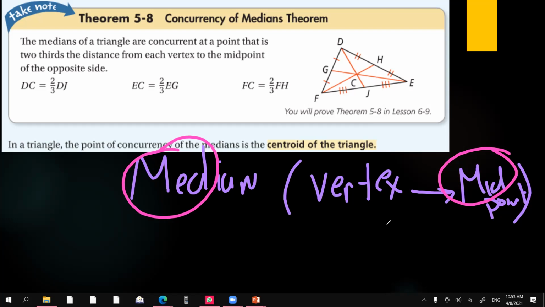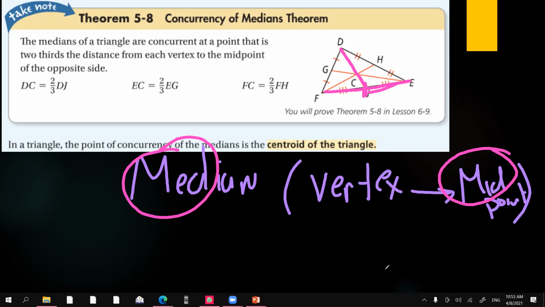If I want to draw it now, I'm starting from the vertex, ending with the endpoint. And it's not perpendicular. Its job is starting from the vertex and cutting the side into 2 equal lengths.